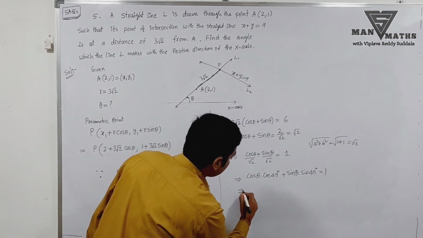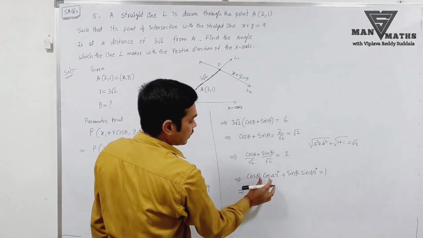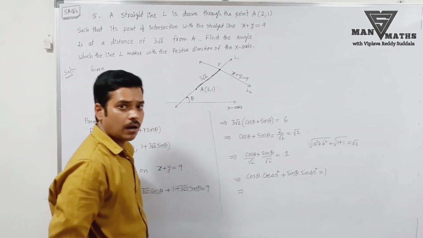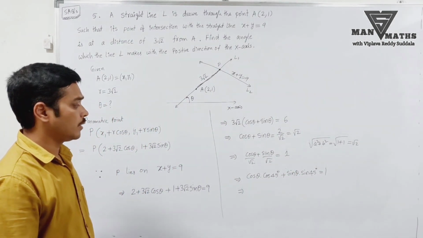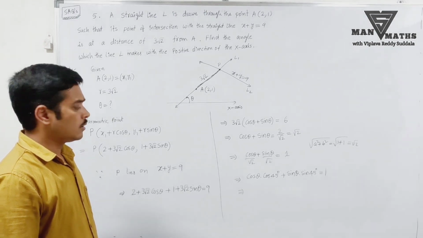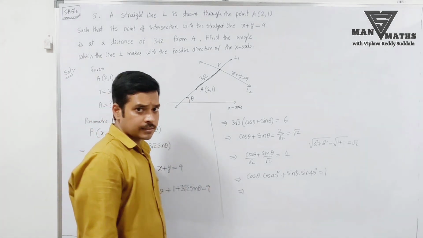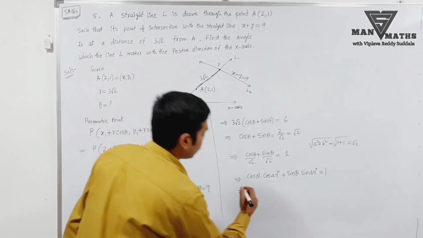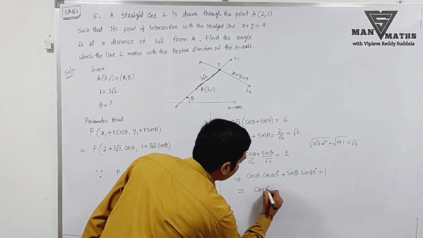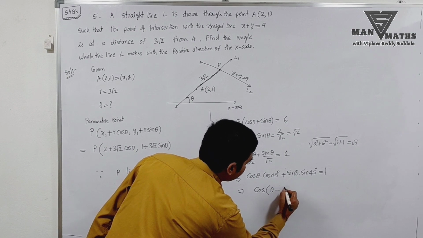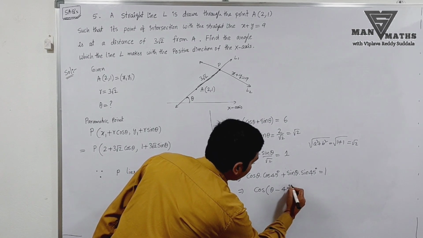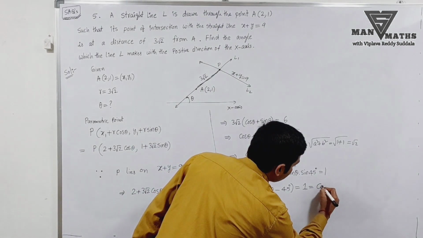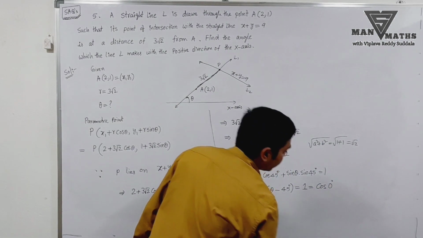From this equation, it is in the form of cos A cos B plus sin A sin B. What is the formula? Cos A cos B plus sin A sin B is nothing but cos of A minus B. Here A means theta and B means 45 degrees, and that is equal to 1. 1 can be written as cos of 0 degrees.